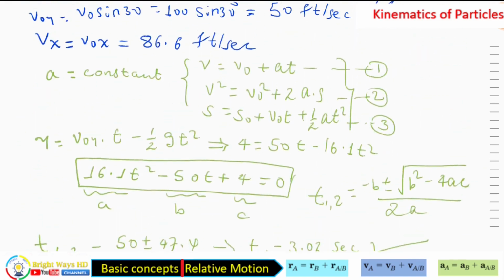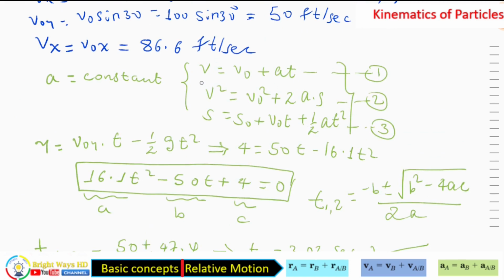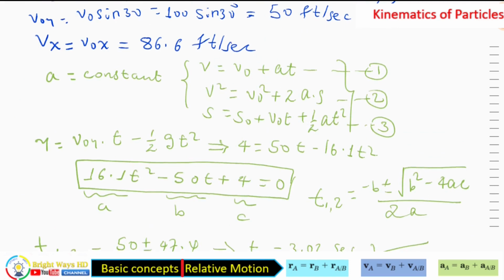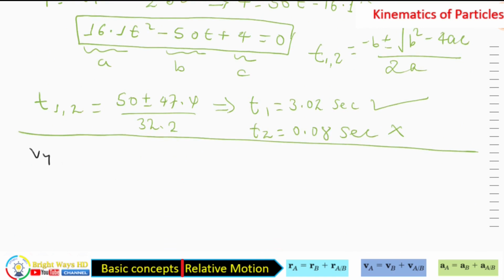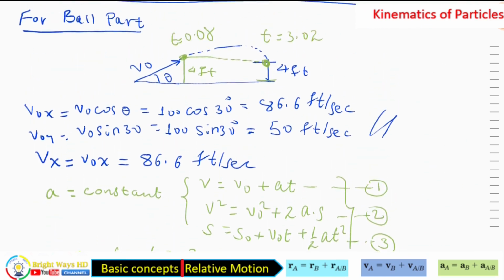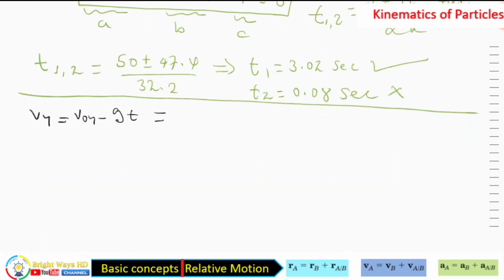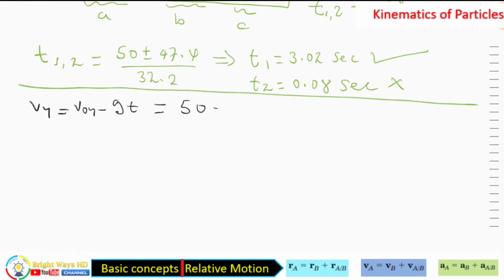Now if we substitute this time into equation 1, we can get the velocity in the y direction. That means Vy is equal to V naught y minus gt, which implies V naught y, calculated previously, was 50 feet per second. So it will become 50 minus 32.2 times 3.02, and then Vy will become negative 47.2 feet per second.